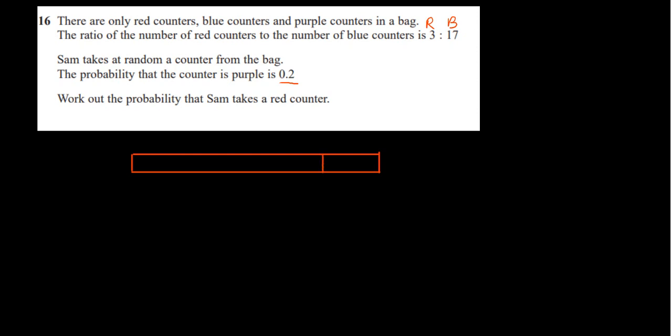So if this probability is 0.2 of purple, then red or blue, the remaining probability would be 0.8. 0.8 is going to be split into 20 parts.